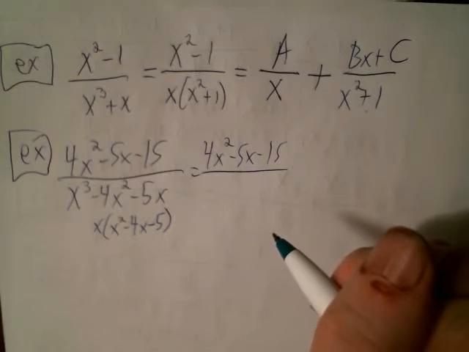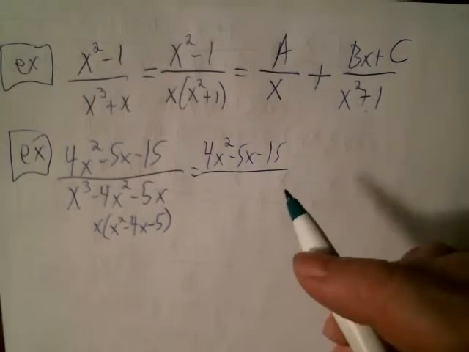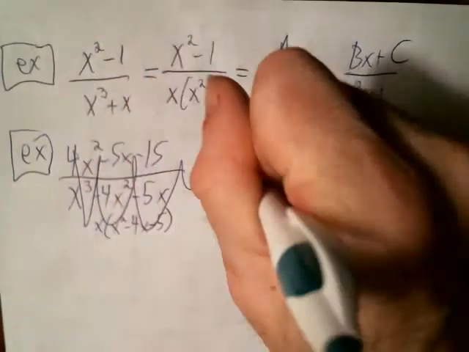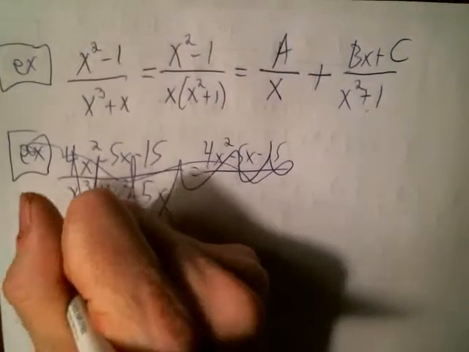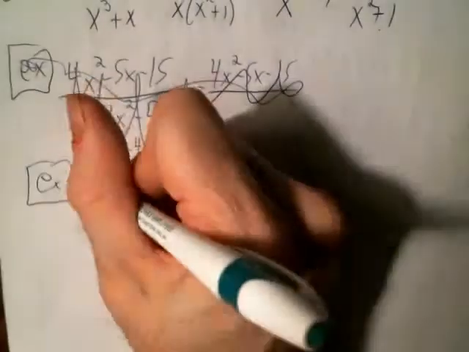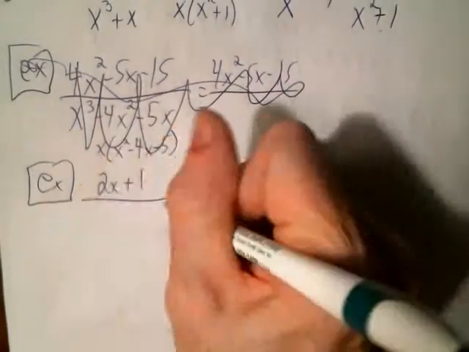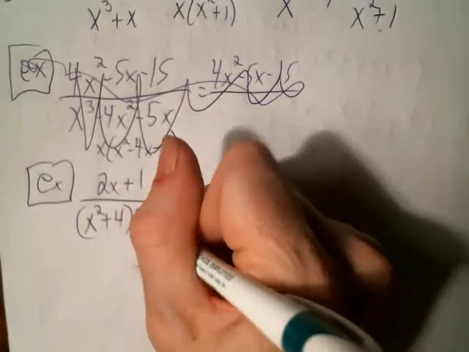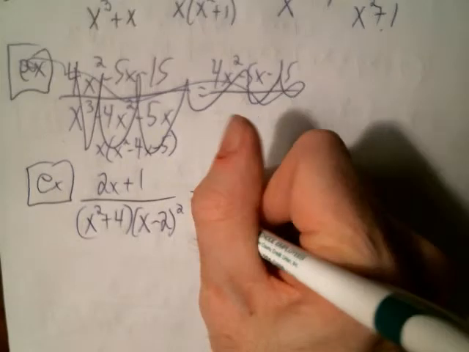Whoops, I think I already did this example. I apologize. Let me just make up one to make up for that. So 2x plus 1 all over x squared plus 4 times x minus 2 squared.